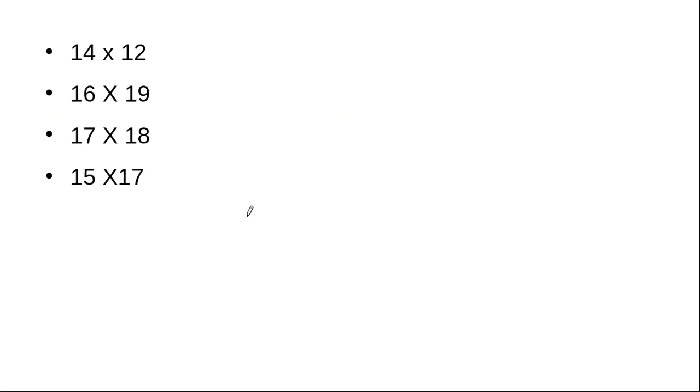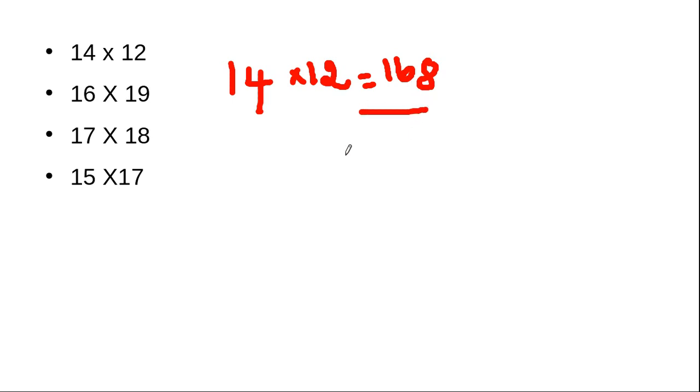Let's take an easy example like 14 into 12. Most of you know the value of 14 into 12 is 168. If you don't know, I'm explaining the trick to calculate it fast.